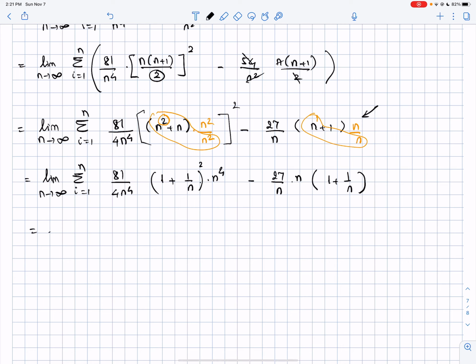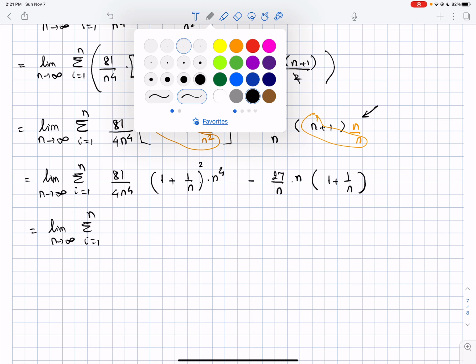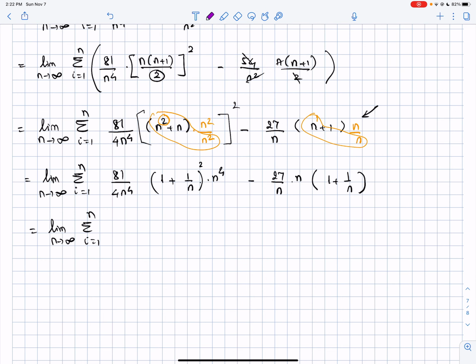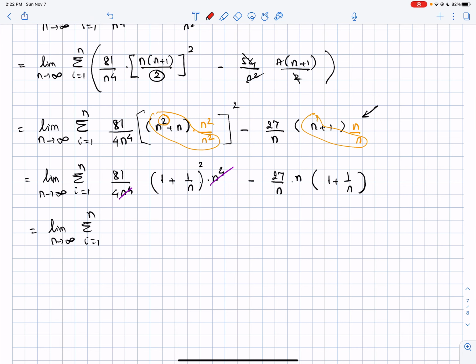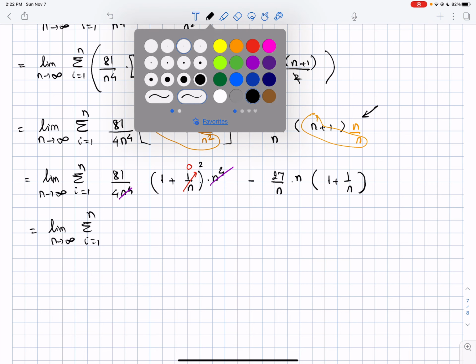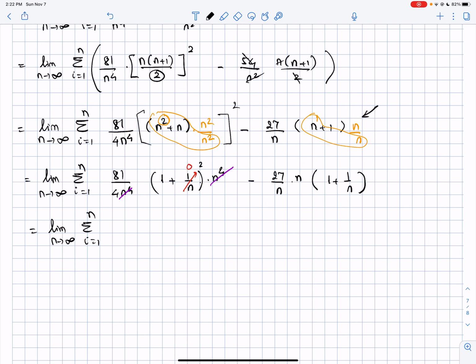Okay, we have a lot to simplify in this step. So we can cancel this out, n to the 4 and n to the 4. As n goes to infinity, this part will go to 0. So what we have left is the parentheses squared, and 1 squared is just 1.